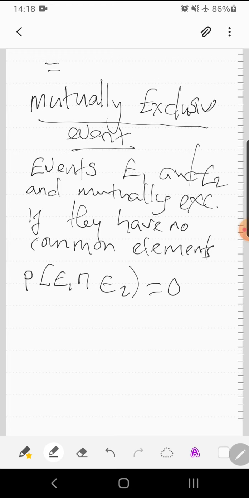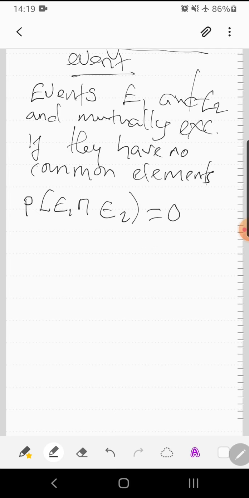So there is no intersection. Okay, so those events, voting for party A and voting for party B, are mutually exclusive events because they have no intersection.